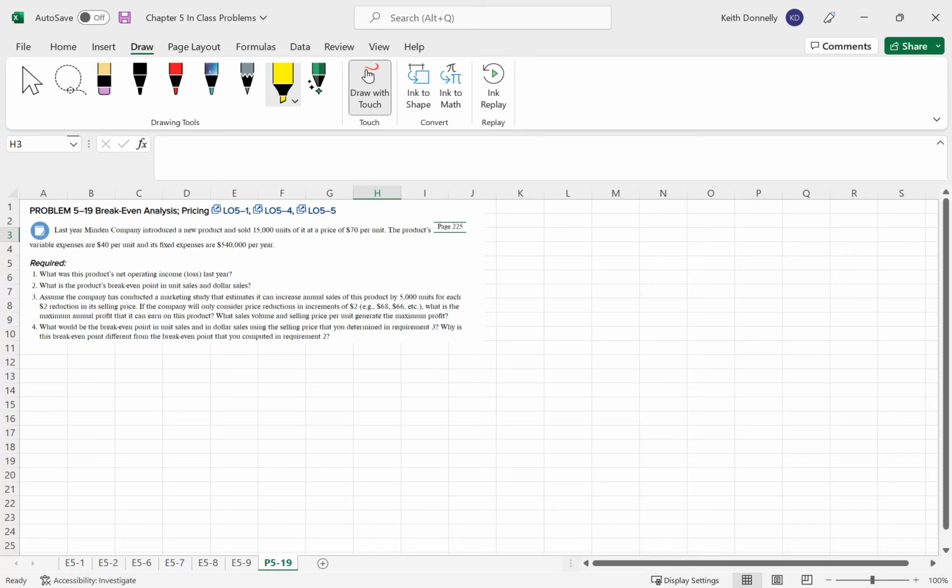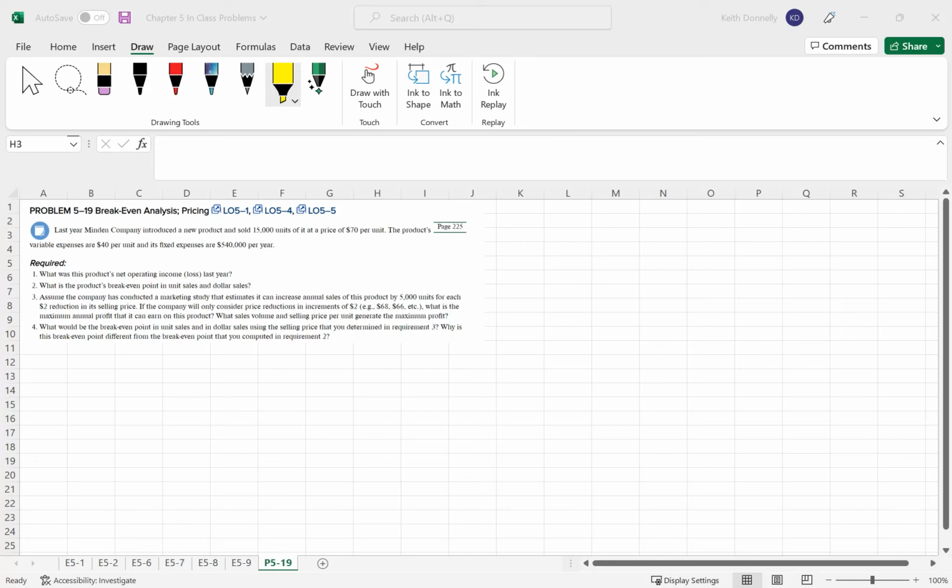All right, let's look at P519 here, Problem 519. It says last year a company introduced a new product and it sold 15,000 units at a price of $70 per unit. The product's variable expenses are $40 per unit, and its fixed expenses are $540,000 per year.